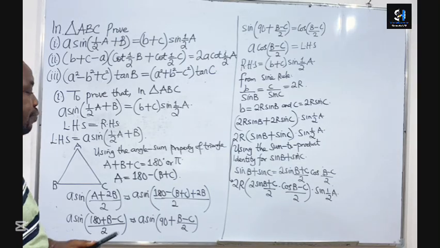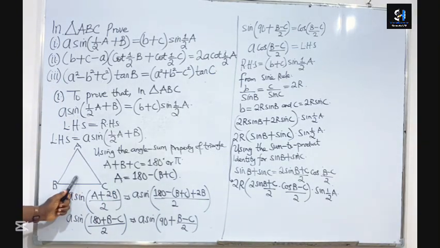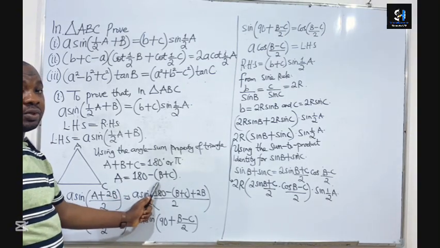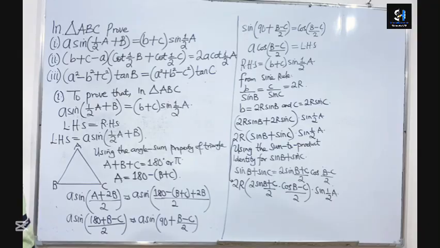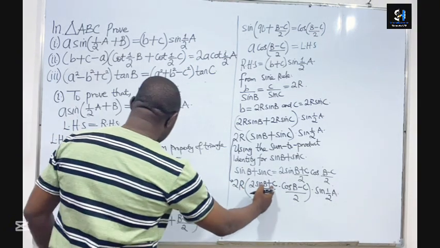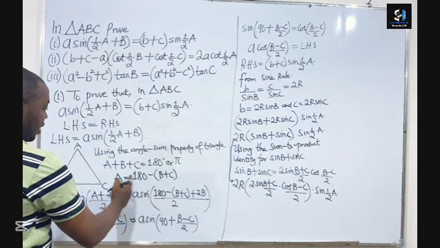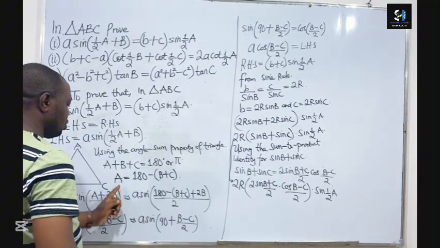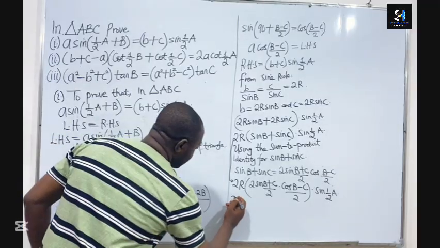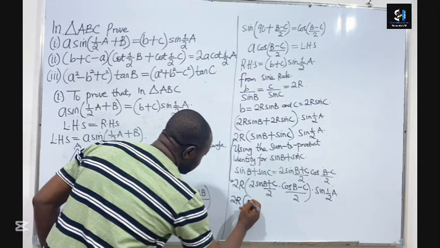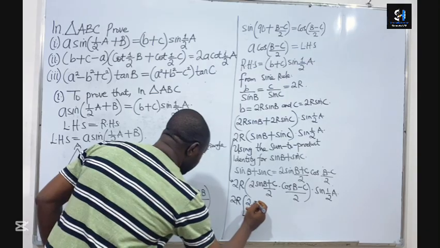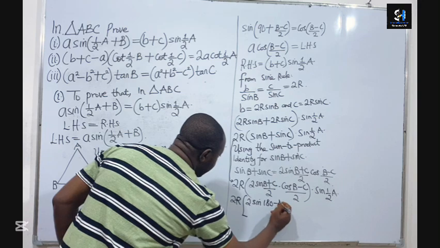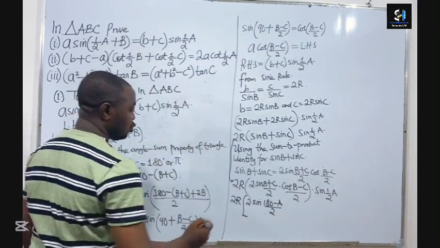So now let's also recall that A is equal to 180 minus the sum of B and C. So if I make B plus C the subject of the formula, B plus C will be equal to 180 minus A. So this will be 2R (2 sine of (180 minus A) divided by 2).